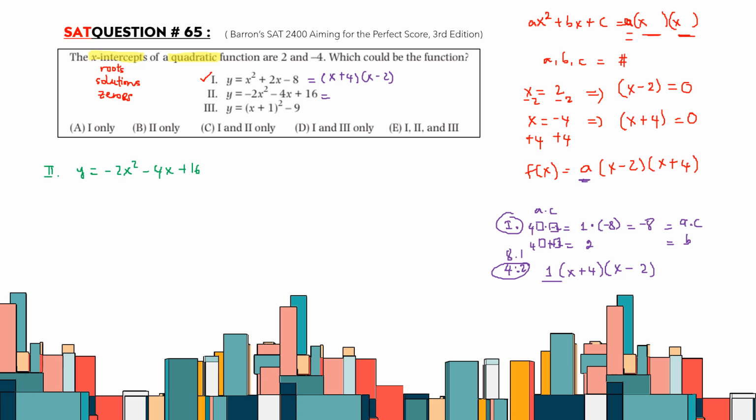They are all even numbers, and there is a negative in front, so let's factor out -2. If I take -2 out, I am left with x squared plus 2x minus 8.